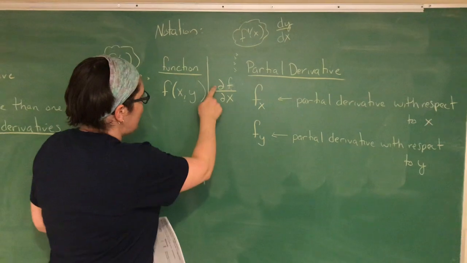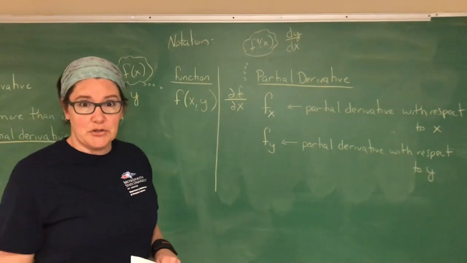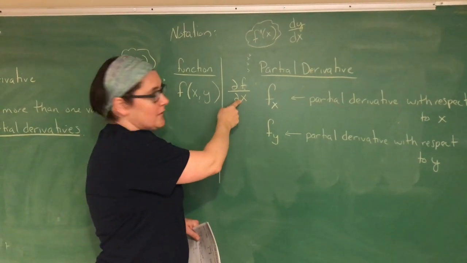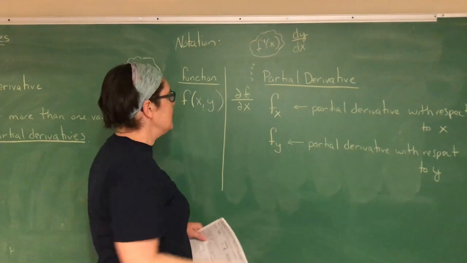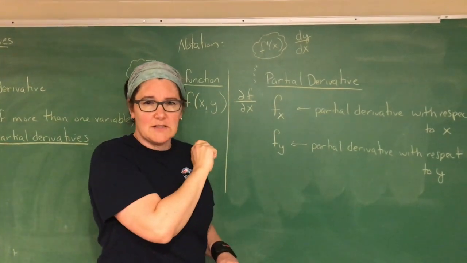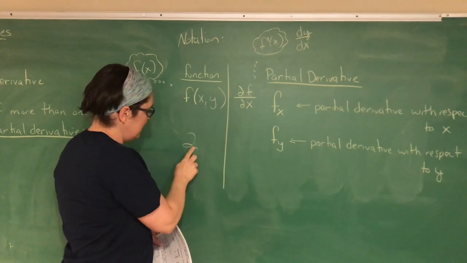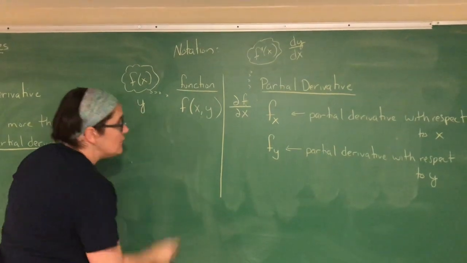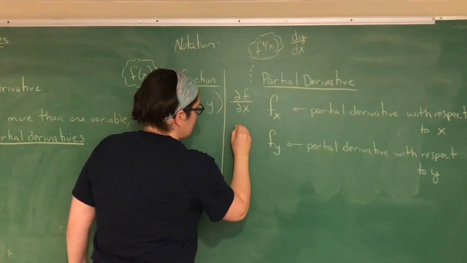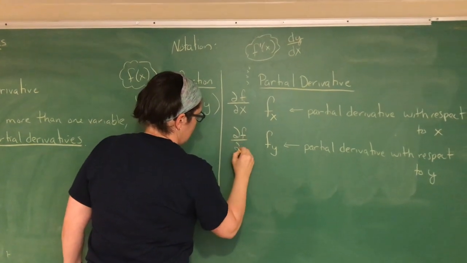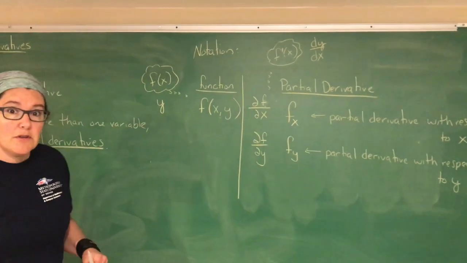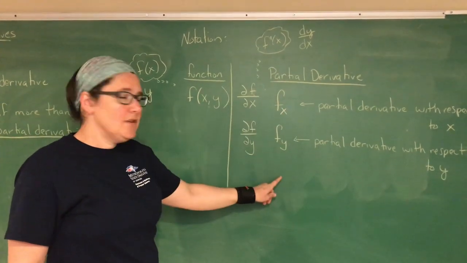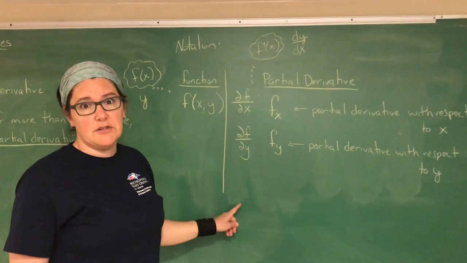That backwards 6 is our partial. So we say the partial derivative of f with respect to x. It looks like df over dx, but it uses these funny looking, backwards 6 symbols, almost like a 2 with the tail cut off. That's our partial derivative of f with respect to x, and we have our partial derivative of f with respect to y. Just like with regular derivatives, you want to be comfortable with both the subscript notation and also this Leibniz notation.